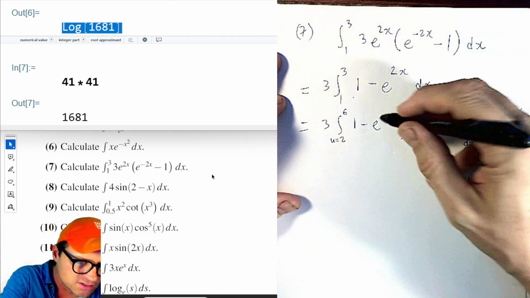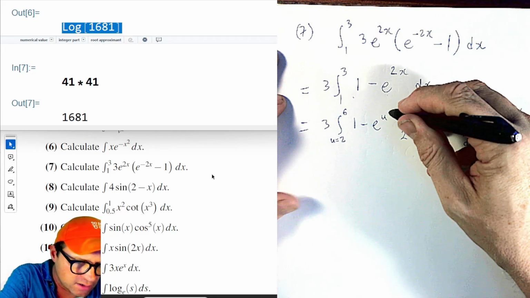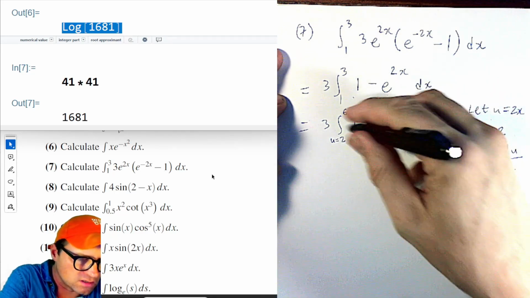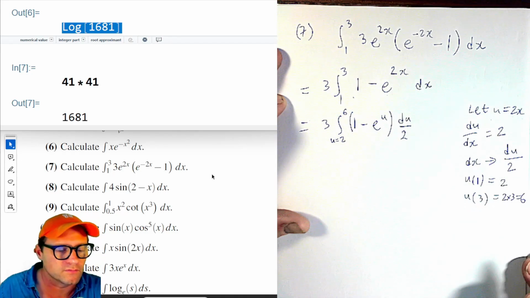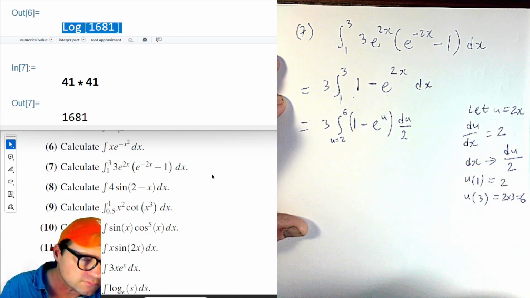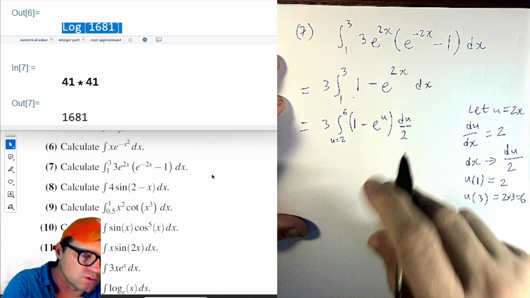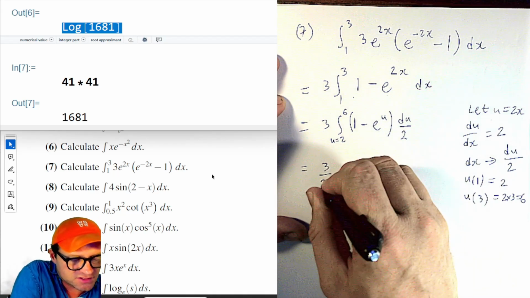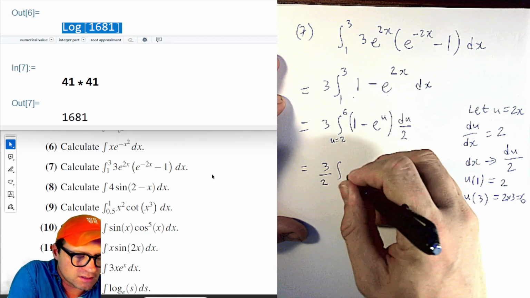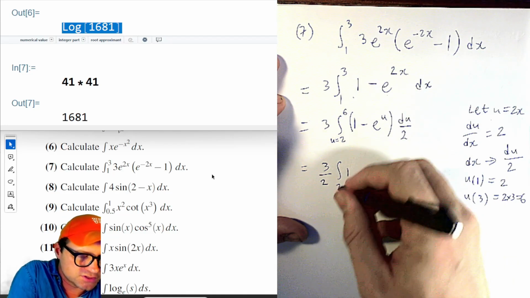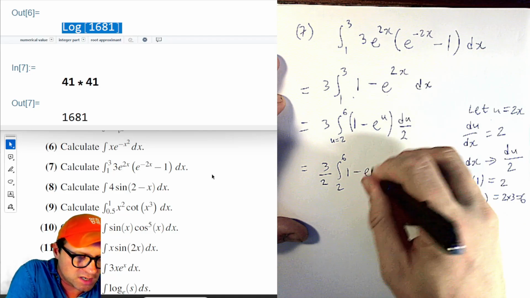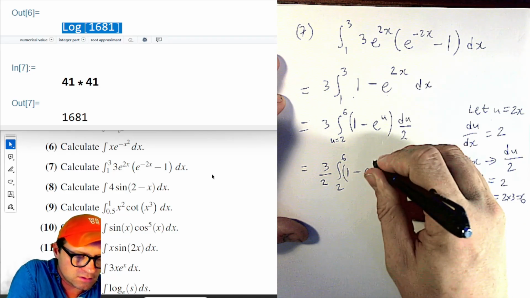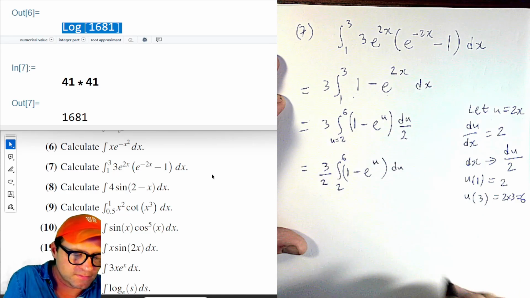So we need to do this with a bracket around all of this. Okay, and so let's bring out the 1/2. So we have 3 over 2 integral from 2 to 6, 1 minus e to the u with respect to u.